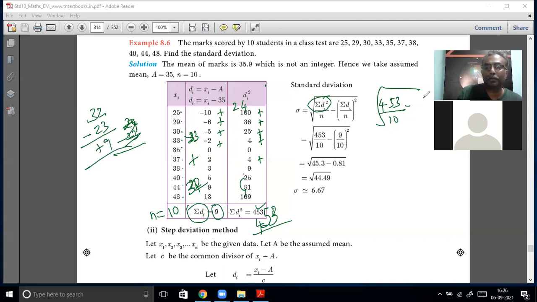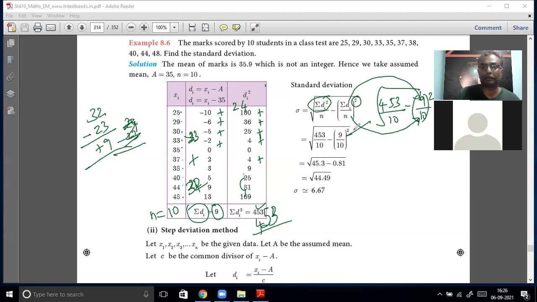So what you should do, you should put 9 by 10. Okay, n is equal to 10. Sigma di is equal to 9. 9 by 10 the whole square, because the square is there. You understand? Sir. Yeah. So that is what you have to do.